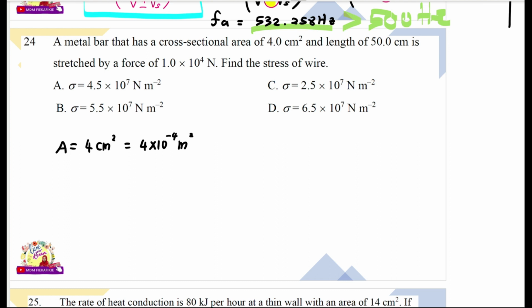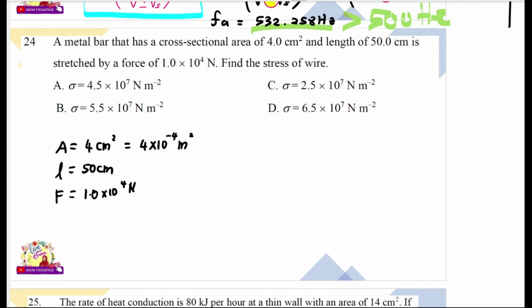Okay. And the length of the metal bar is given. Okay. So, L, 50 cm. Okay. And the metal bar is stretched by a force F. This one is 10.0 exponent 4 Newton.